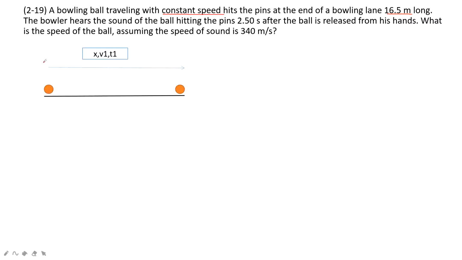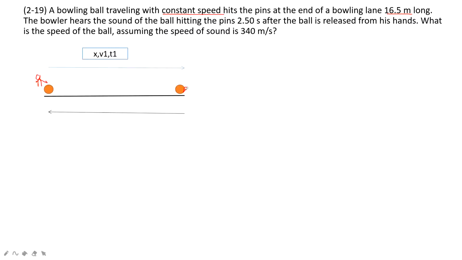And then this person at first threw the ball, the ball travels there, then he heard the sound of the ball hitting the pin 2.5 seconds after the ball is released from his hand. So we can see the ball travels from the initial to the end, and then something happens, right?